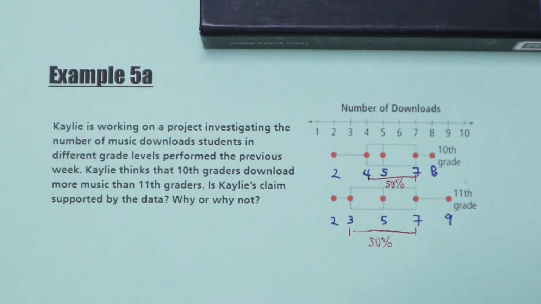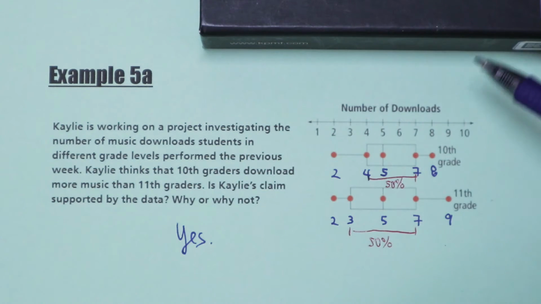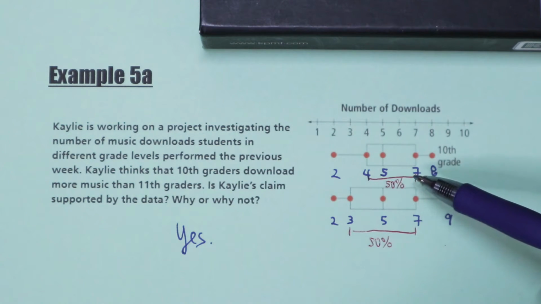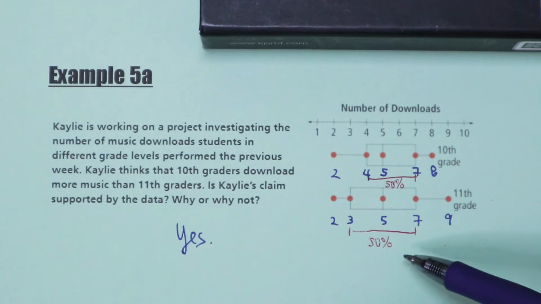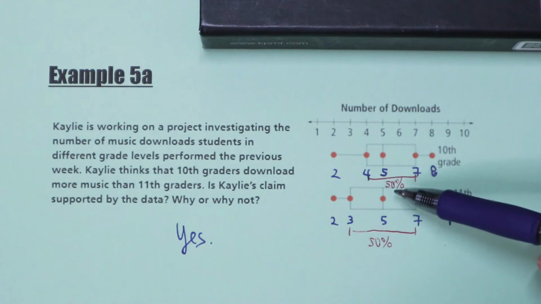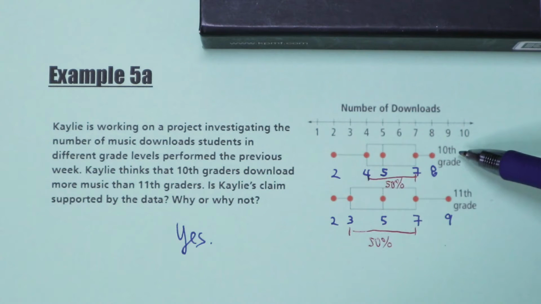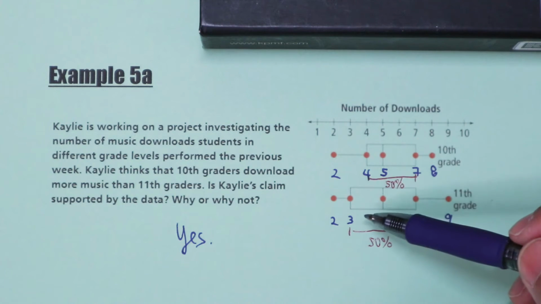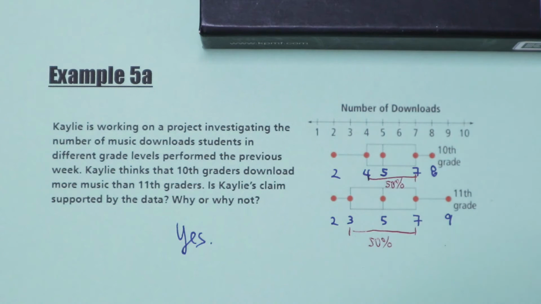Is it true? The answer is yes. Why? Because in 10th grade, half the people download between 4 to 7 songs, and in 11th grade, half the people download between 3 to 7 songs. Even though the median and the third quartile are the same, the first quartile for the 10th graders is larger than the first quartile for the 11th graders. So 10th graders downloaded more music compared to 11th graders.